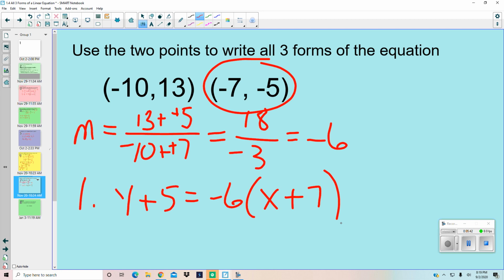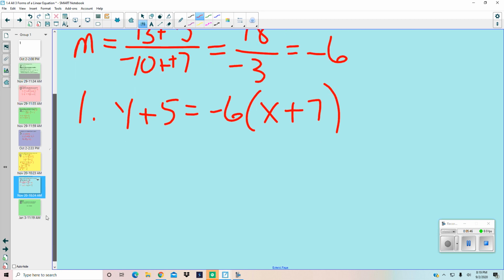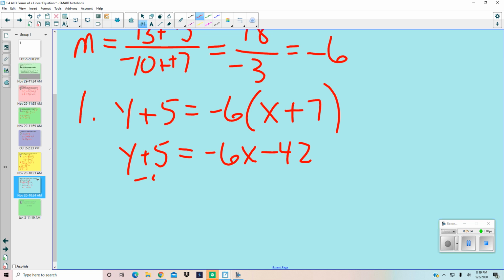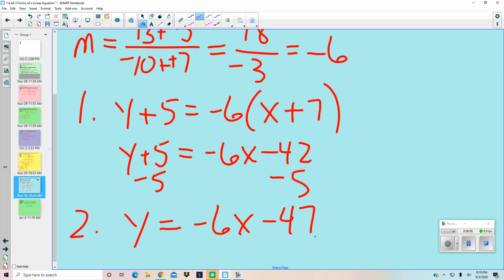That's my first form. My second form is slope-intercept form. So I'm going to distribute and I'm going to subtract 5. So my second form is going to be y equals negative 6x, and then negative 47 is the constant.